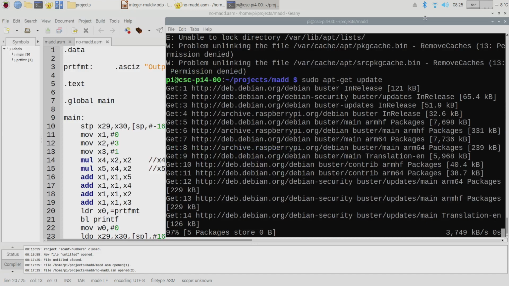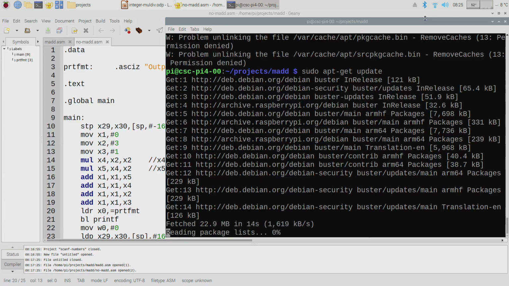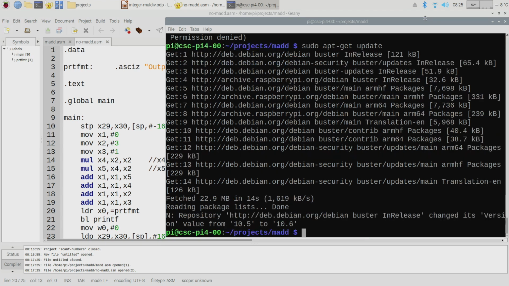Anyway, this thing would tell us how many cycles it took to run and how long it takes, so we get some good data out of that. While that's running, let's go back.